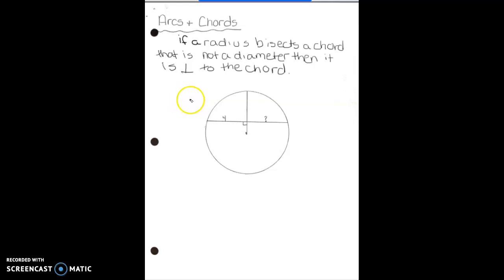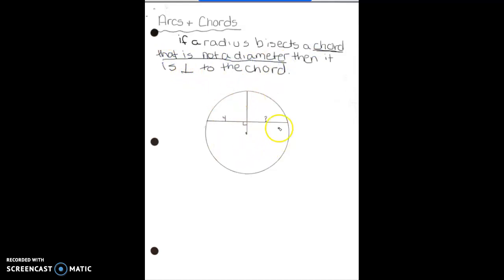A chord is a segment that goes across a circle, endpoint to endpoint on the circle, and it could be a diameter. A diameter is a chord, but for this particular note, we're talking about chords that are not diameters.